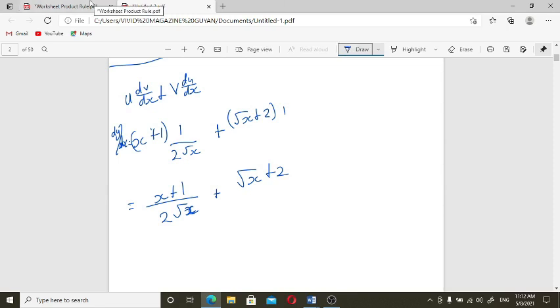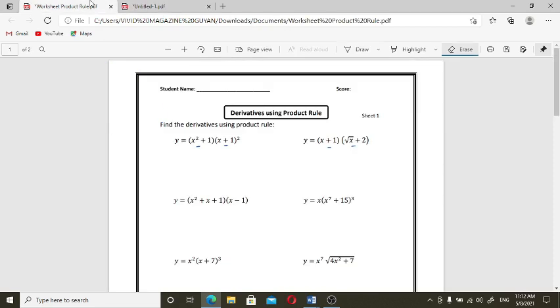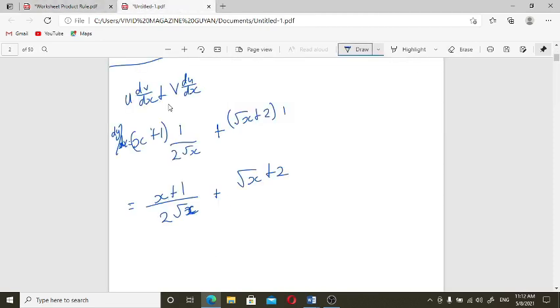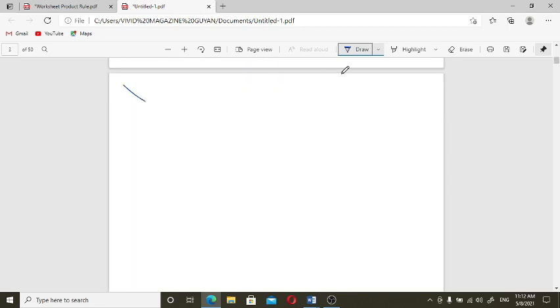Alright, so the next one. Alright, good. So the next question now. Just give me a moment. Again, I do apologize for the background noise. So y is equal to (x squared plus x plus 1) times (x minus 1).